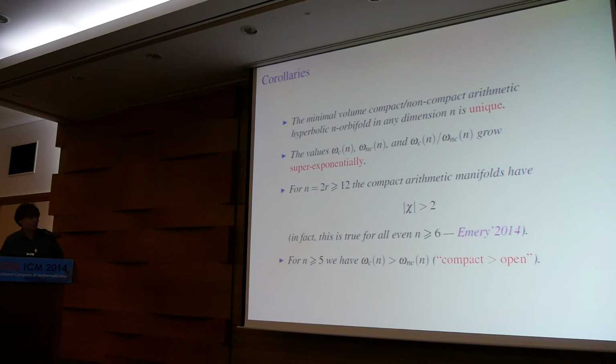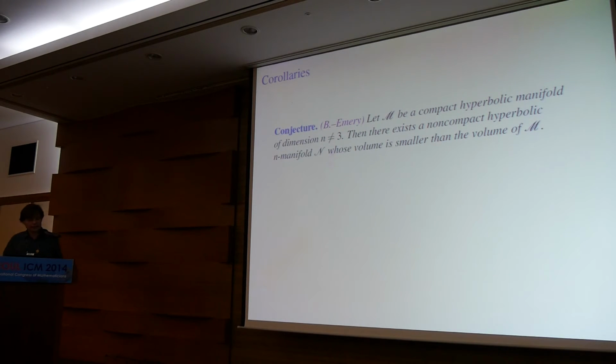One more corollary says what I also mentioned: for high enough dimensions, the compact orbifold tends to be bigger than the non-compact. In fact, the last corollary has an even better form if we restrict to manifolds. If there are no singularities, then the conjecture is that only in dimension 3 can we have a compact hyperbolic manifold which is smaller than any non-compact one.